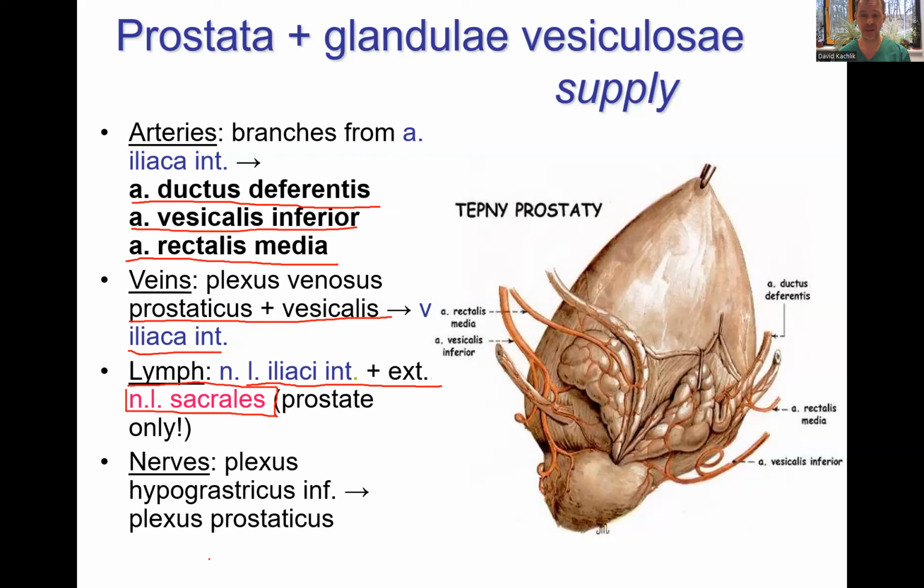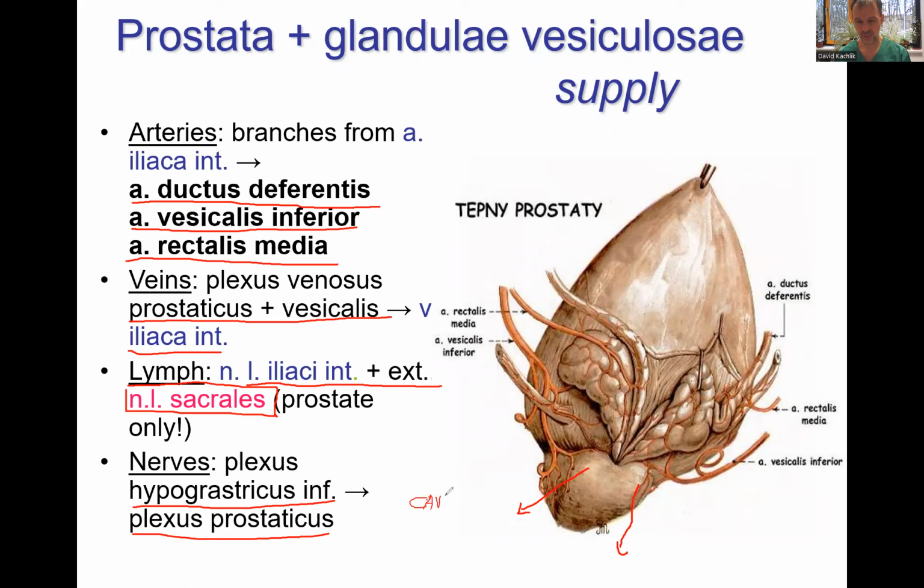Because it's located inside the lesser pelvis, it is supplied by the inferior hypogastric plexus. The inferior hypogastric plexus sends the prostatic plexus and then branches which run along the prostate, and they continue down to the penis. They are called cavernous nerves. Yes, the cavernous nerves are very important as they run here.